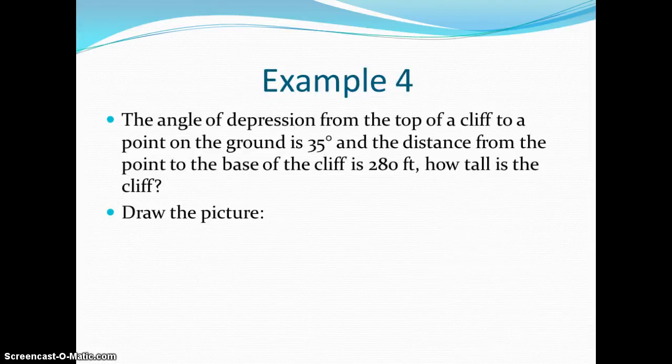Example 4. The angle of depression from the top of a cliff to a point on the ground is 35 degrees, and the distance from the point to the base of the cliff is 280 feet. How tall is the cliff? So we're going to draw a picture.